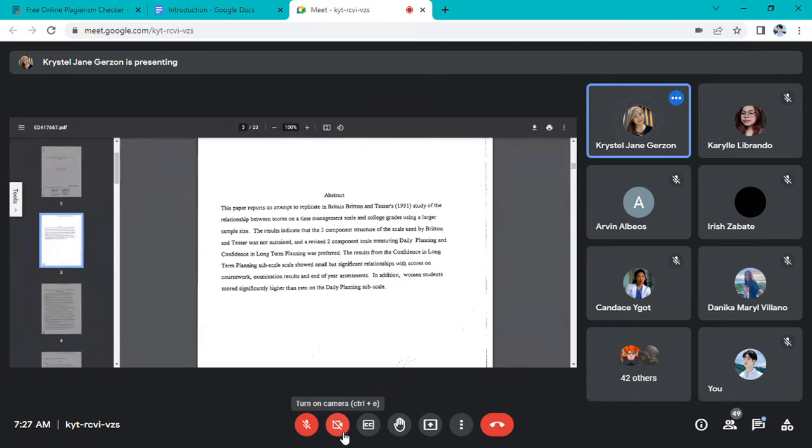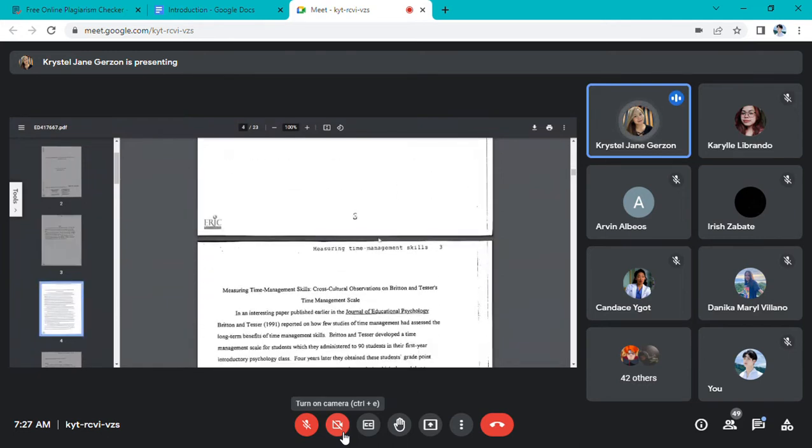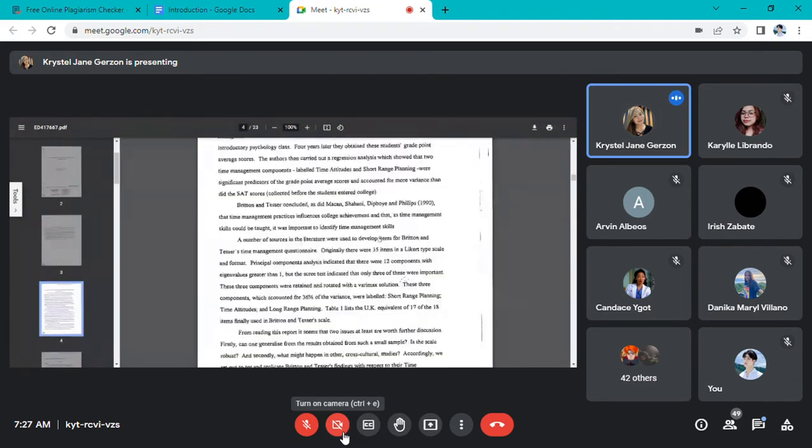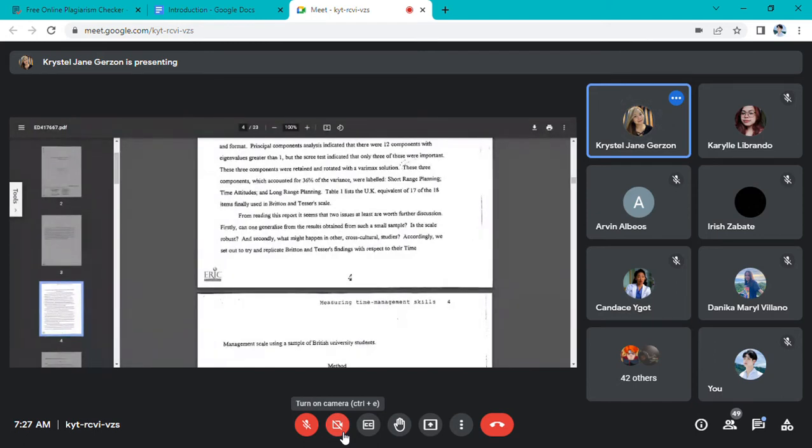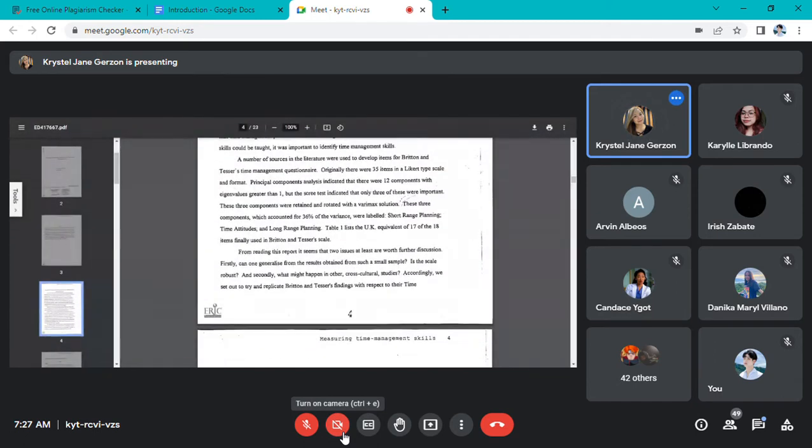Wait. Oh, actually, let's see now. Tara. So, these three components are the short range planning, time attitudes, and long range planning. So this is what I'm talking about when we say indicators or factors.